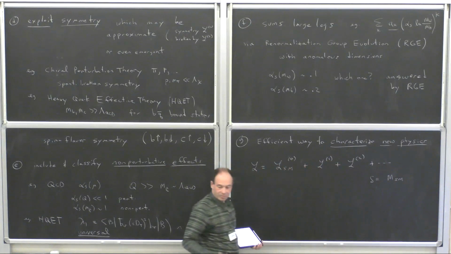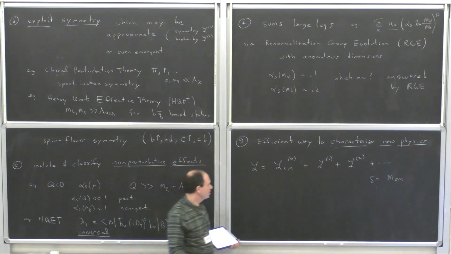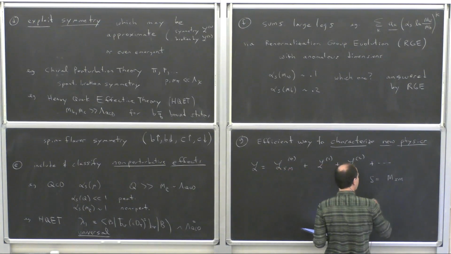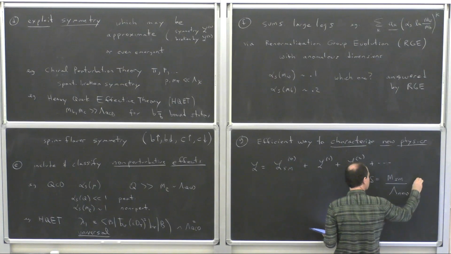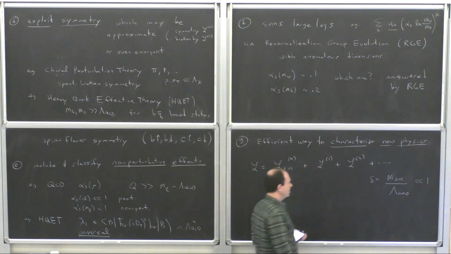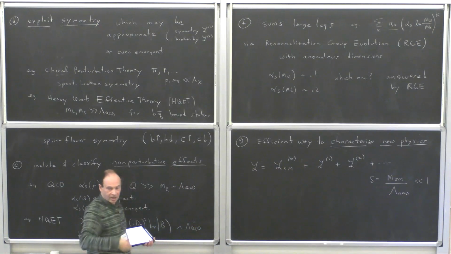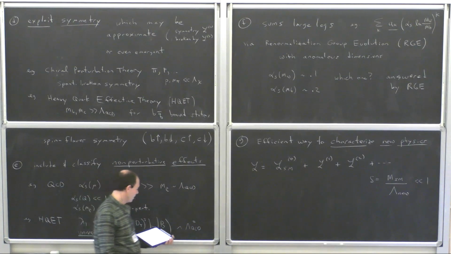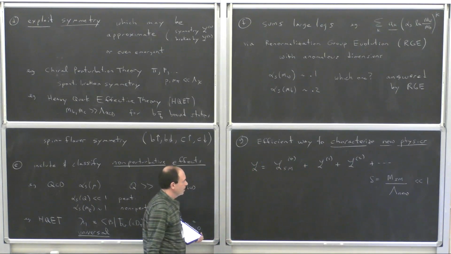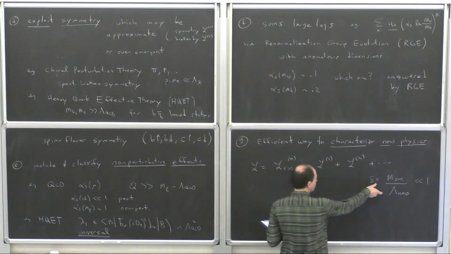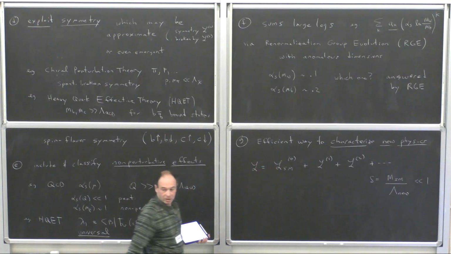This MSM could be the W mass, it could be the Higgs mass, it could be the top mass. MSM, standard model masses, over the scale of the new physics. So I am making an assumption that the scale of the new physics is high enough that I have an expansion parameter, and that this is small. But if that's the case, then I can organize things as a Taylor series in this ratio.